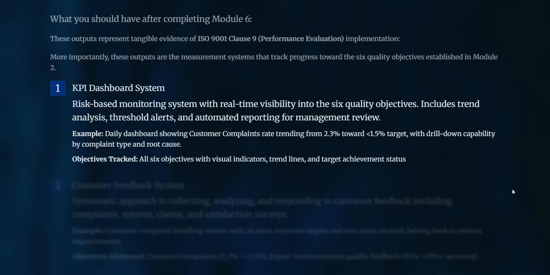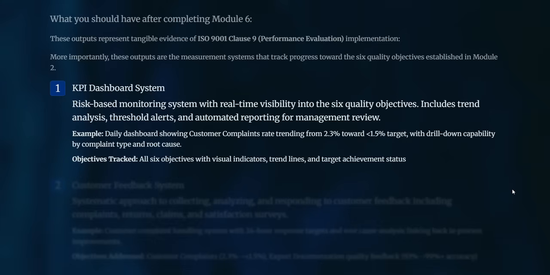The first output must be a KPI dashboard system, which means it must be a risk-based monitoring system with real-time visibility into the 6 quality objectives, and it includes trend analysis, threshold alerts, and automated reporting for management review in case of criticality.